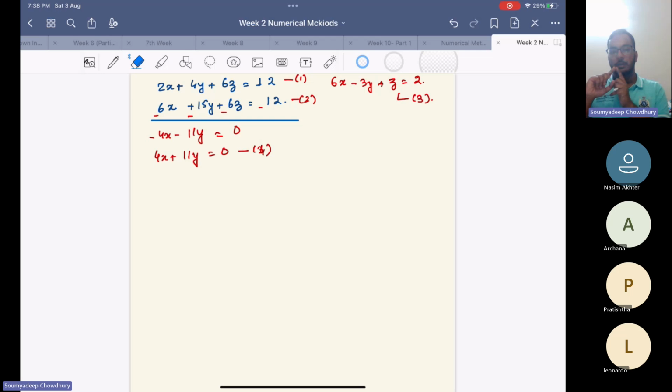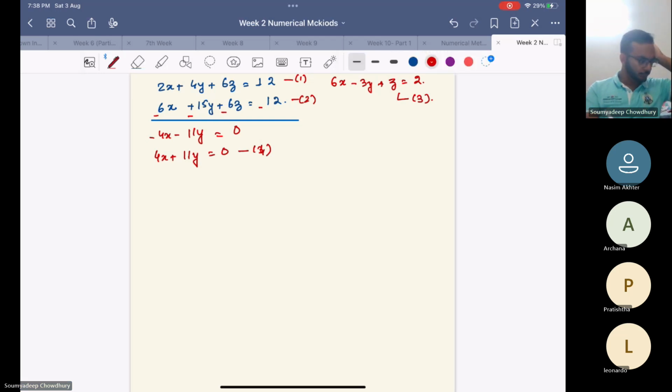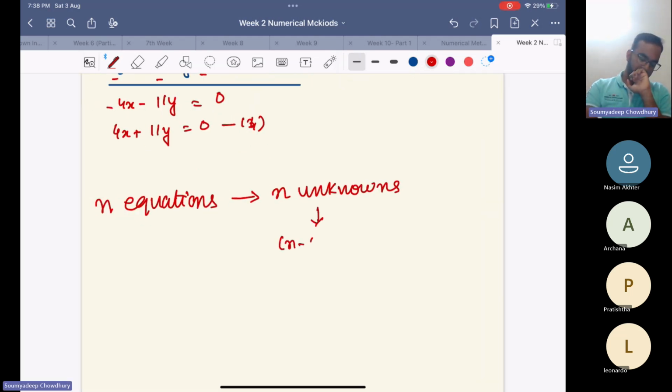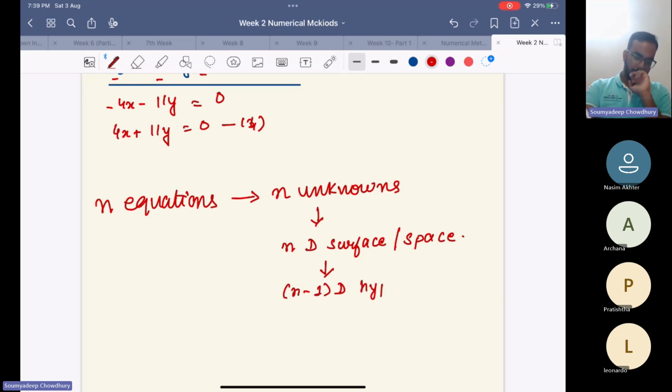Just remember this term. Suppose you have n equations and n unknowns. You will basically get an nD surface or nD space, and you will have (n minus 1)D hyperplanes.